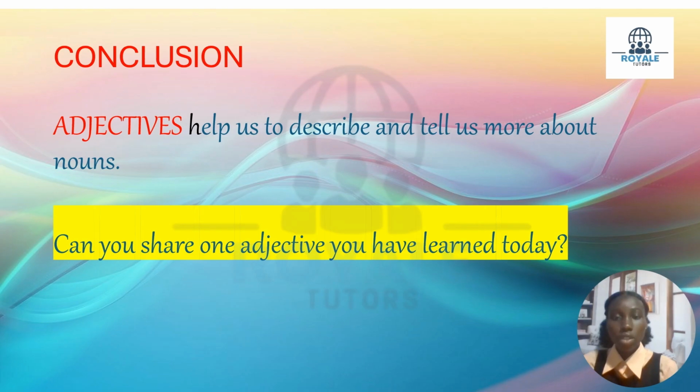So if you're using an adjective, think on answering the questions of how many, what kind. Think of answering the question what color. So if you can think of this, you can describe the nouns around you.